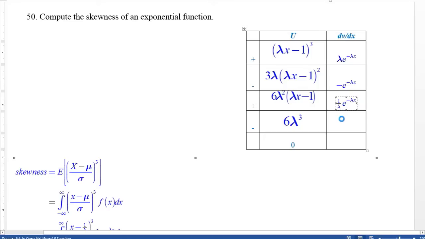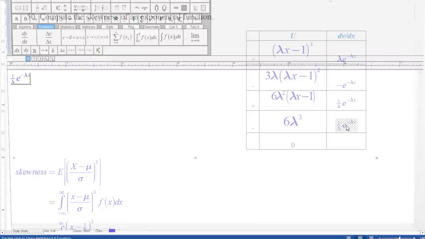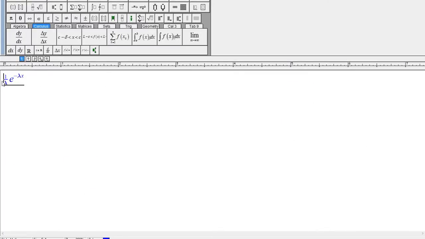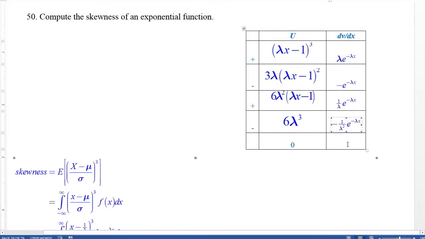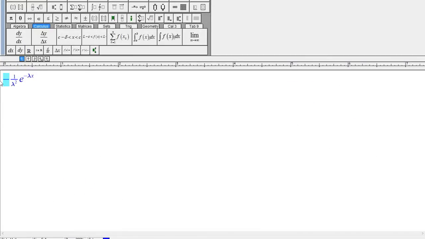This one, now it's a minus, and it's 1 over lambda squared. And then this one down here is back to plus, and it's 1 over lambda cubed for the coefficient. Okay, I think we've got it.